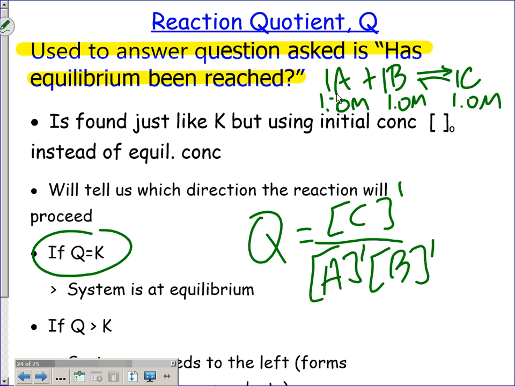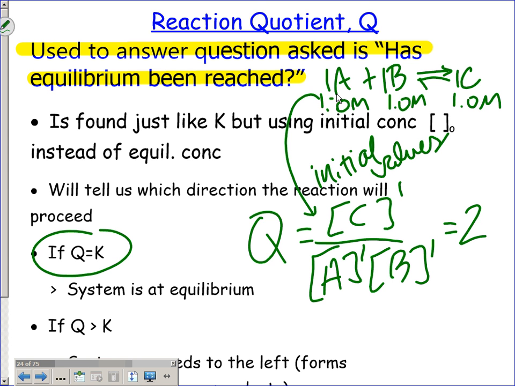I would just be plugging values in here, and let's say this was 2. When I plugged these initial values in here, let's just say that's 2. And I told you in this problem up here that K was equal to 0.1.